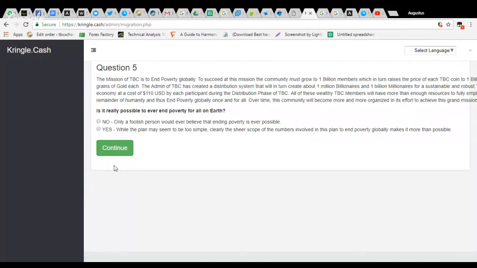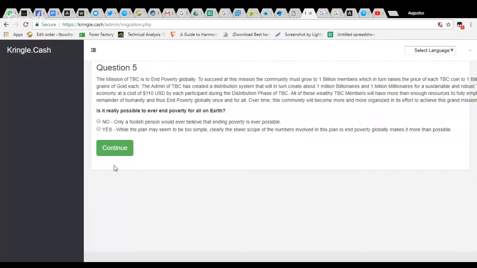The admin of TVC has created a distribution system that will in turn create about 1 million billionaires and 1 billion millionaires for a sustainable and robust economy, at a cost of $110 by each participant during the distribution phase of TVC.